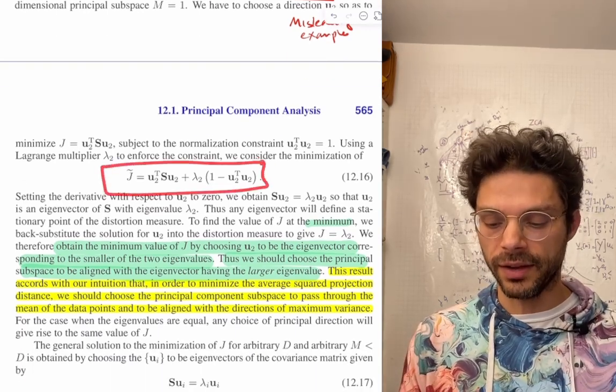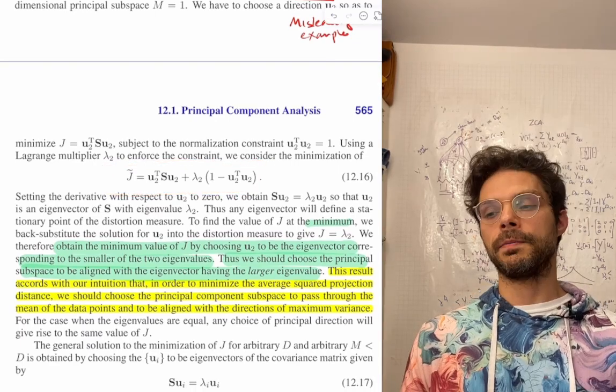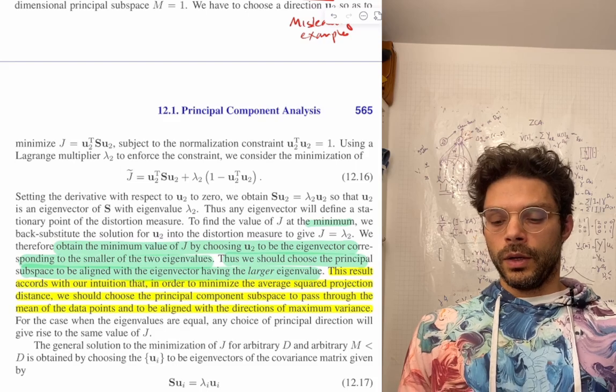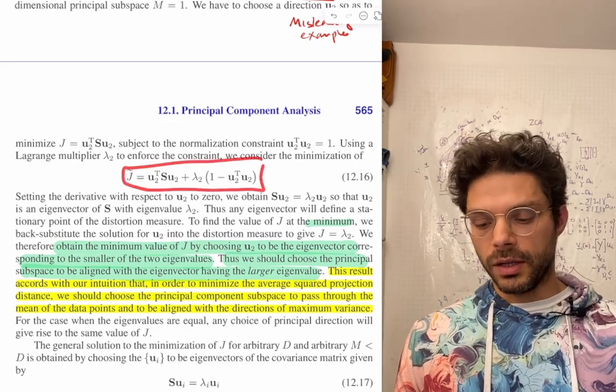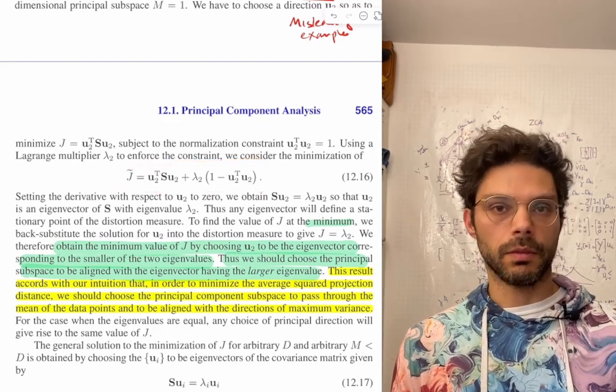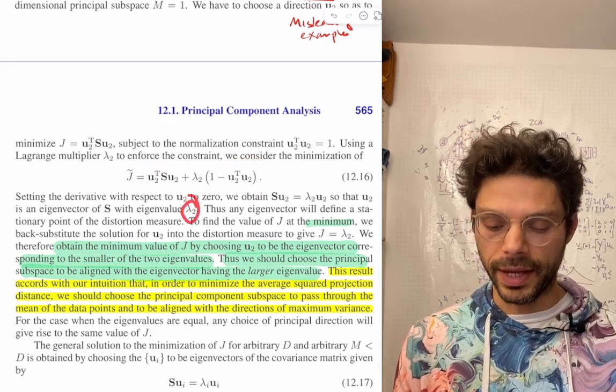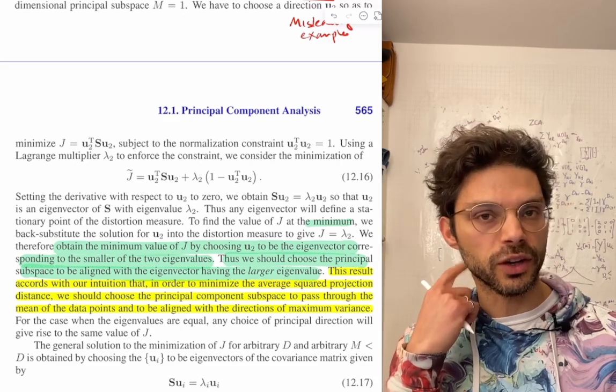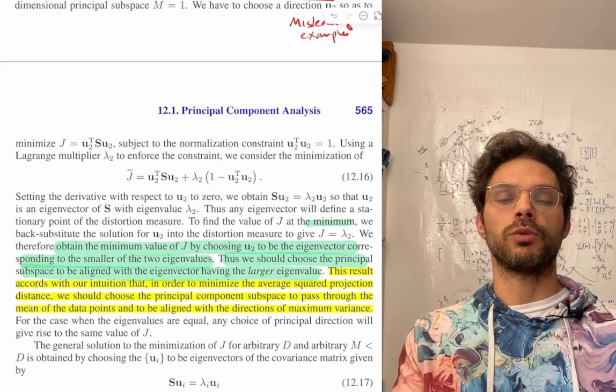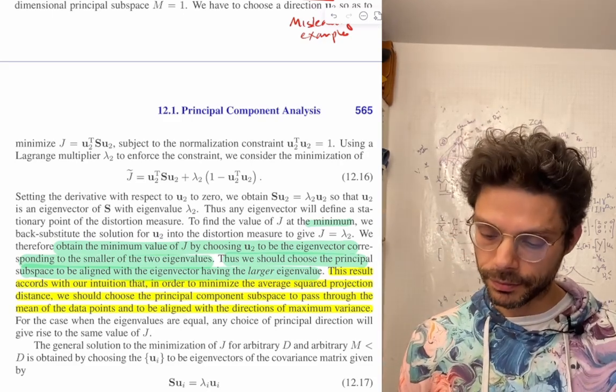Notice that you have multiple solutions here, right? You could have picked the principal eigendirection, but then lambda 2 would be large, so your distortions would be living in the space where all the action of the data is.